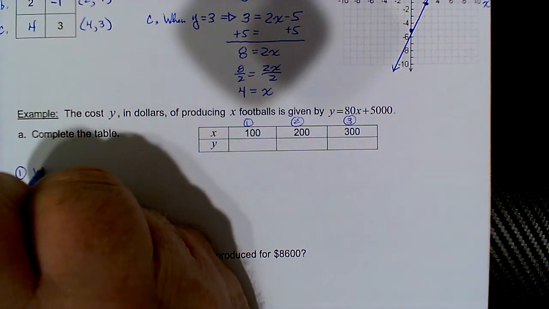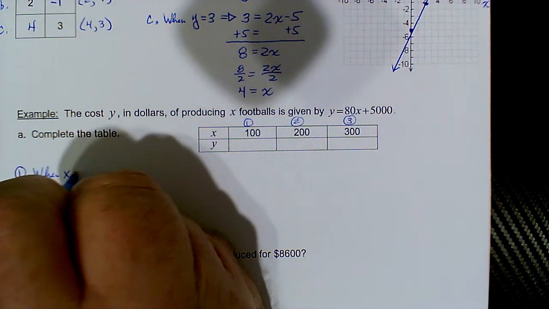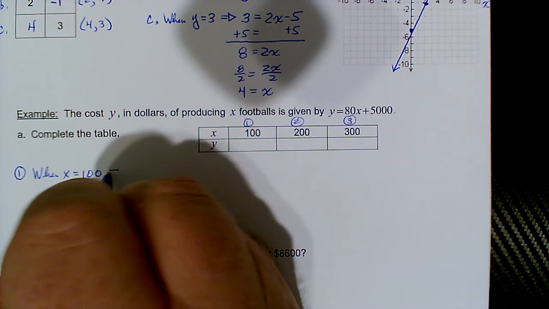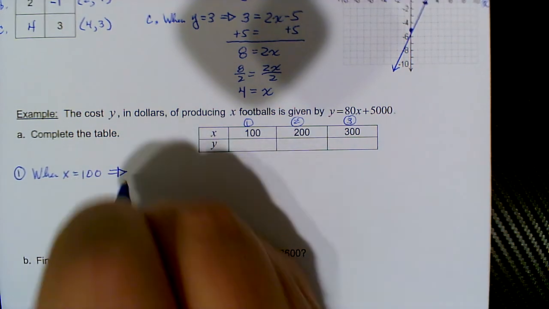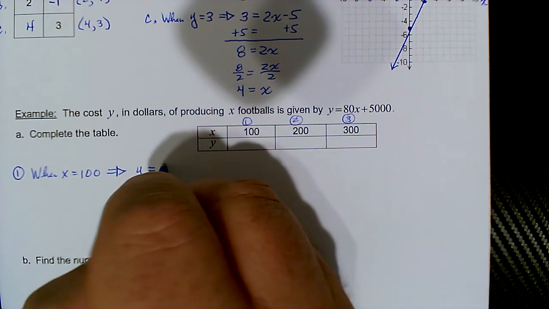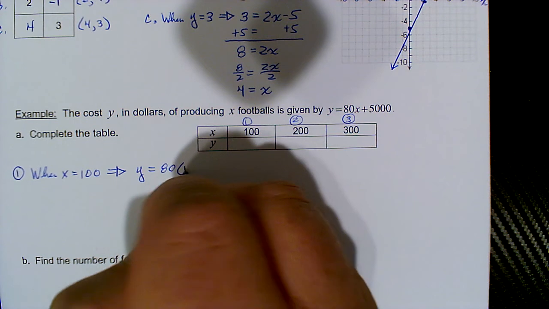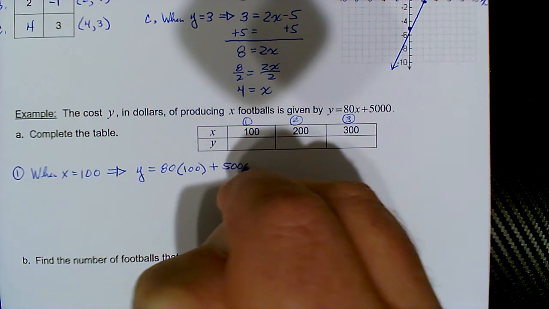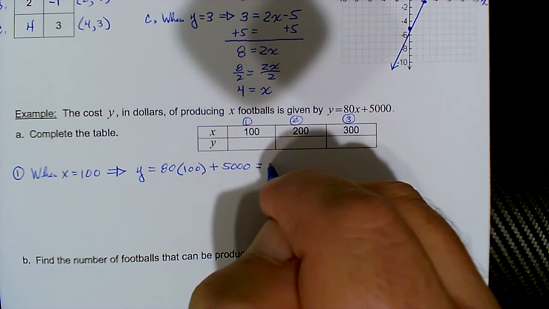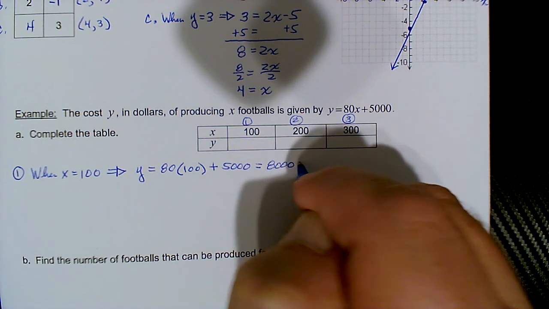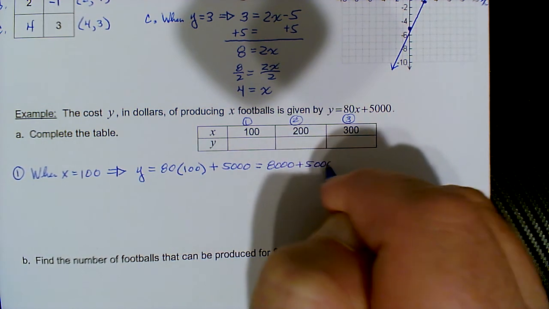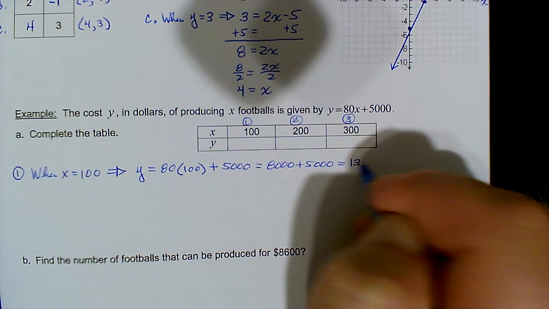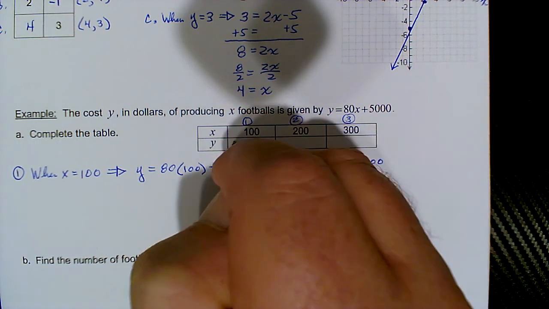So the first one, when x is 100, then in the equation we have y equals 80x, so 80 times 100 plus the 5,000, don't forget that, so that's 8,000 plus 5,000, which is 13,000.